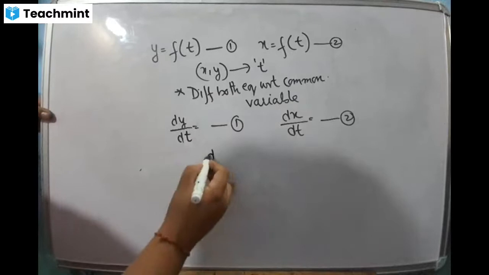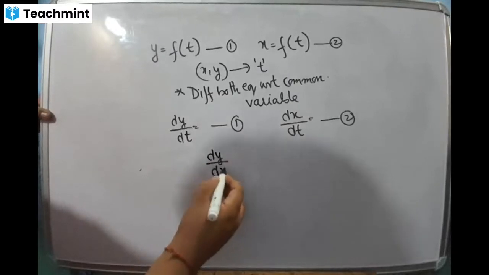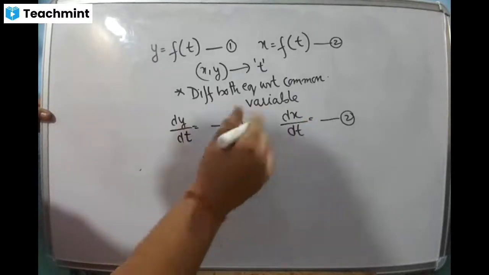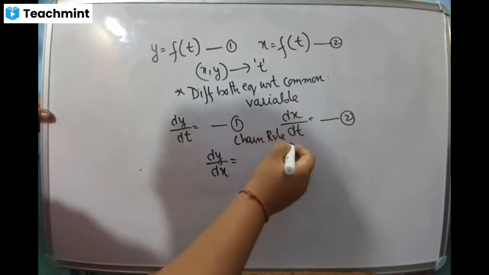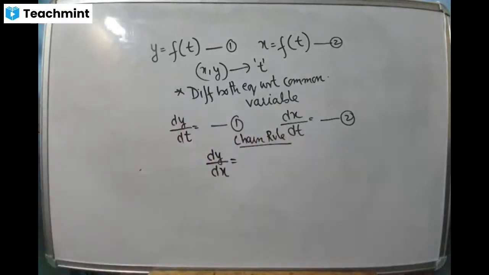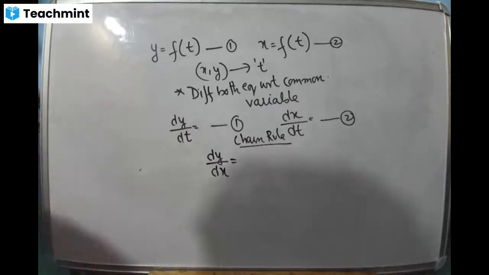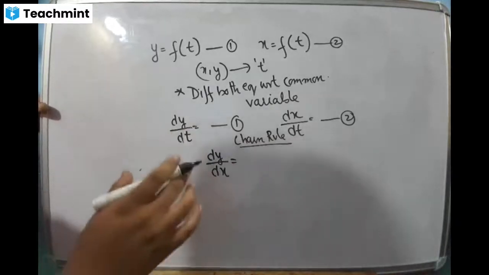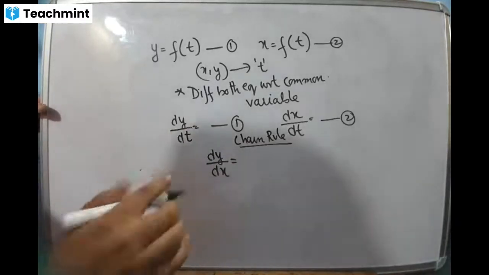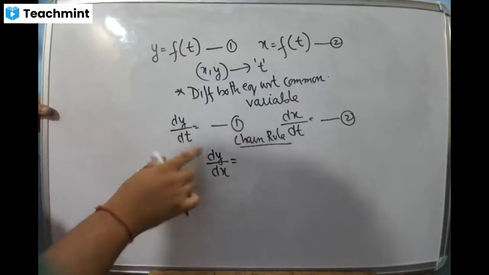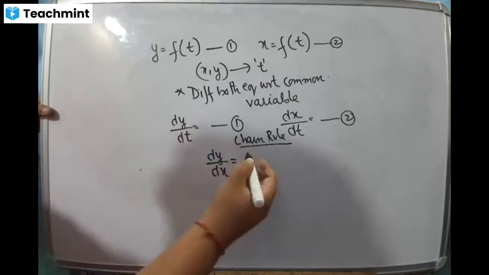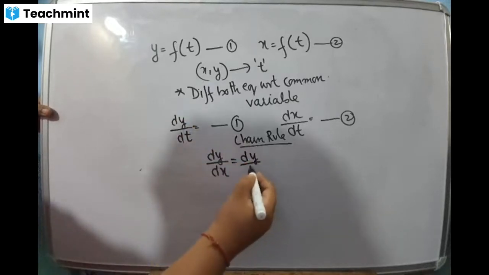To get dy by dx, we combine these two, and that is called the chain rule. It is very simple. Just keep in mind the position of dy and dx. The position of dy is the numerator, so out here also dy is the numerator, so you write this as dy by dt.